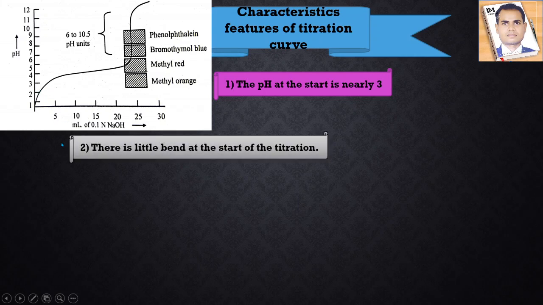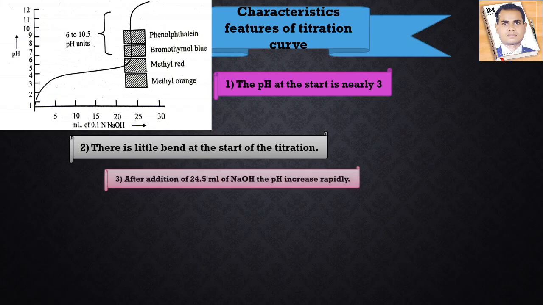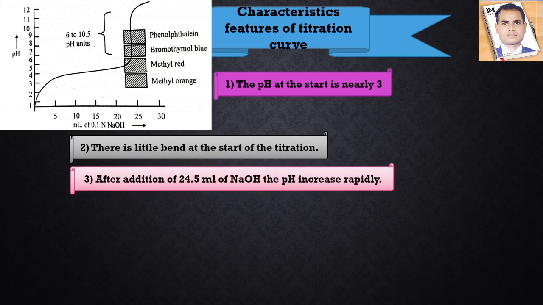Now the second point: there is a little bend at the start of the titration, you can see here. And the next point: when you add 24.5 ml of NaOH, the pH increases rapidly. Obviously, we add that much volume of NaOH into the acetic acid, so the pH increases rapidly, so fast. In this way you will get the titration curve.